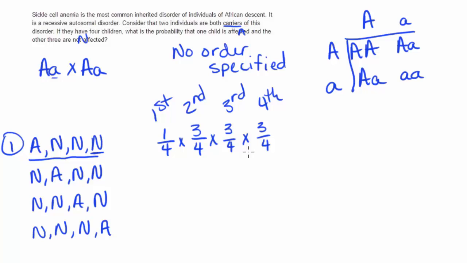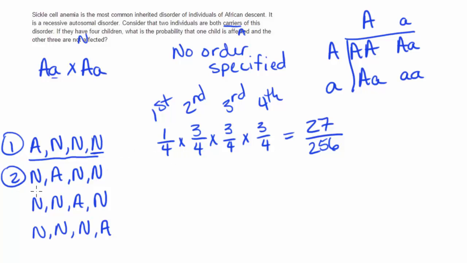So if we go through and we multiply all of those together, we multiply straight across the top, which is going to be 27, and then we'll multiply straight across the bottom, which is going to give us 256. Okay, so 27 over 256 would be the probability of order number 1. Now we want to go through and do this for each one of these different orders. So for order number 2, we would do the same thing.